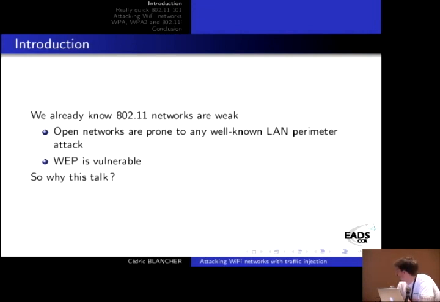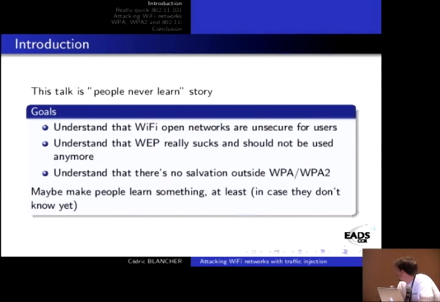And that WEP is vulnerable. So this talk is just about it, so why do it? The thing is, people never learn. That's it. So I just want to clarify some points and show you that with Wi-Fi injection, nowadays open networks and WEP networks just can't be used.